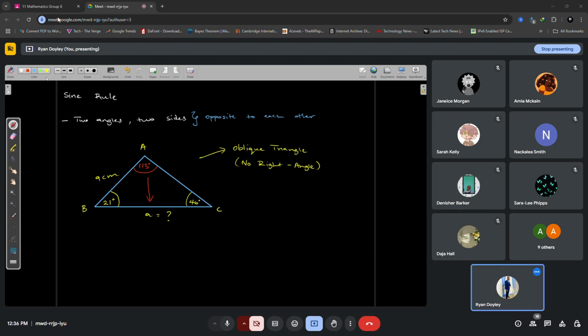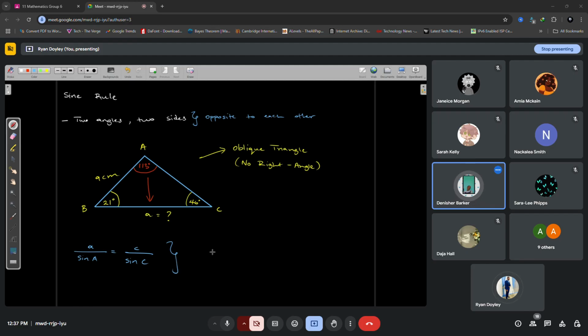All right, so how do we lay out our sine rule? What do we write? A over sine A equals B. You sure you want to use B? C. Because we don't know what side B is, so it would be best to use C here over sine C.